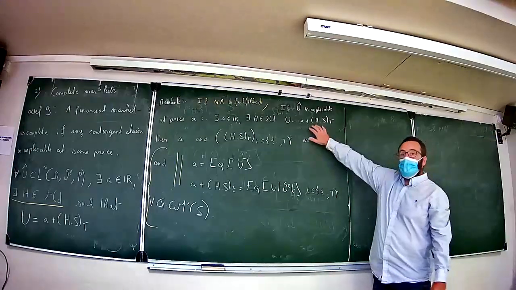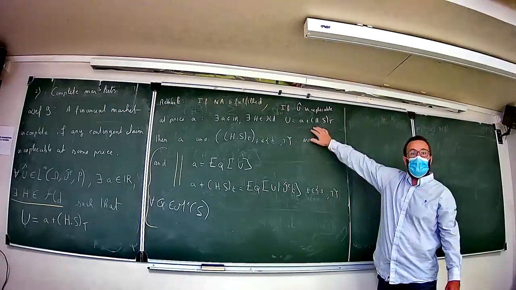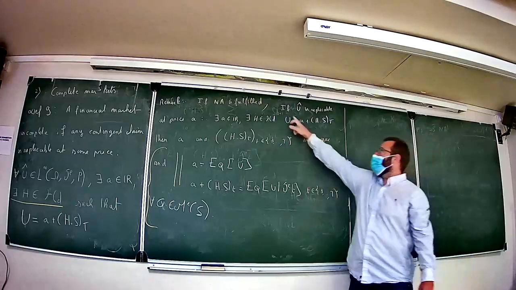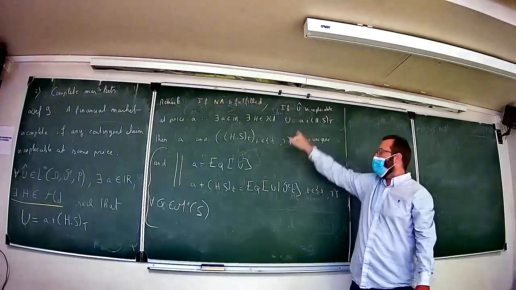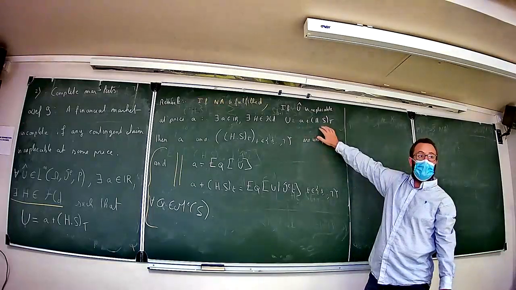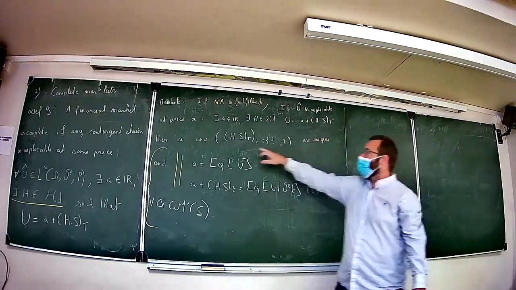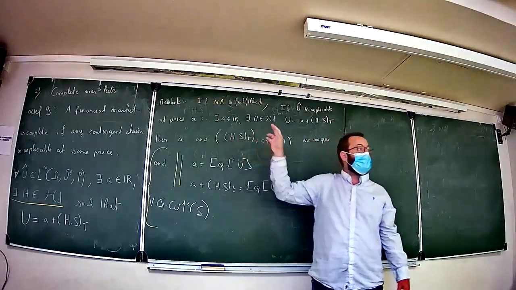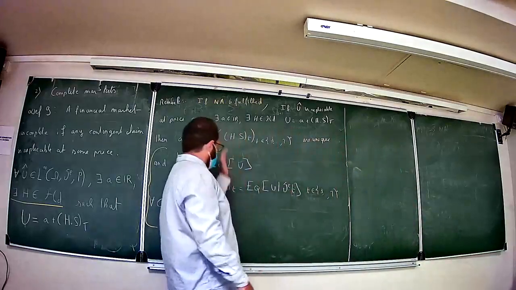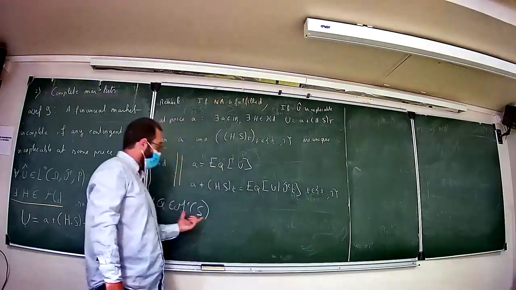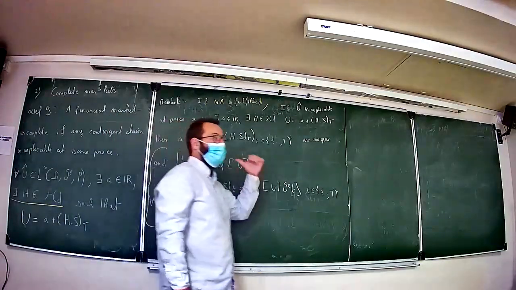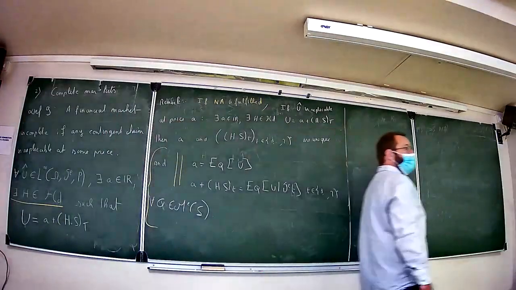And if I start from this one, and if I take the conditional expectation given Ft, I obtain exactly this one. The conditional expectation of U given Ft is equal to small a, my constant, plus the conditional expectation of this one given F small t, but I know that this process is a martingale under Q if Q is an equivalent martingale measure. So what I have in orange here is just a consequence of the fact that Q is an equivalent martingale measure and of something that I have proved previously.